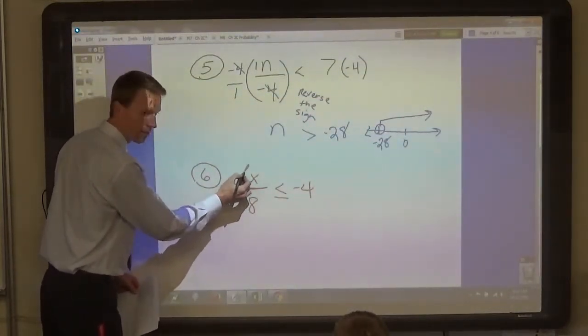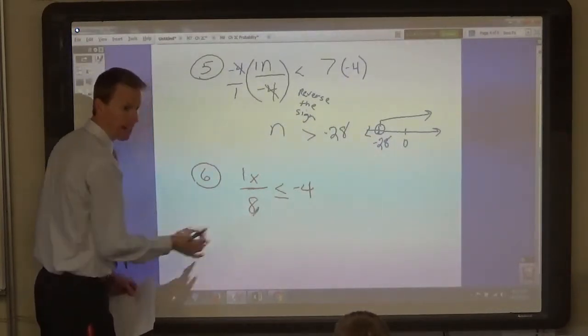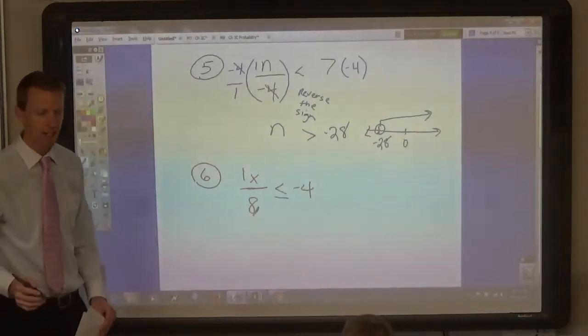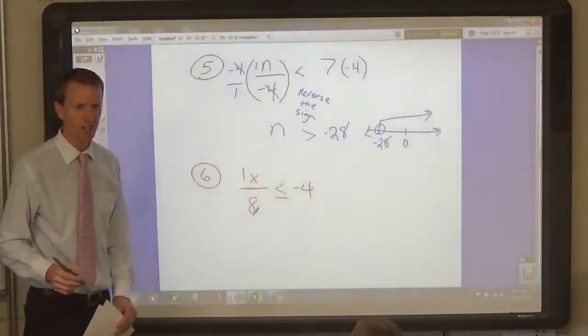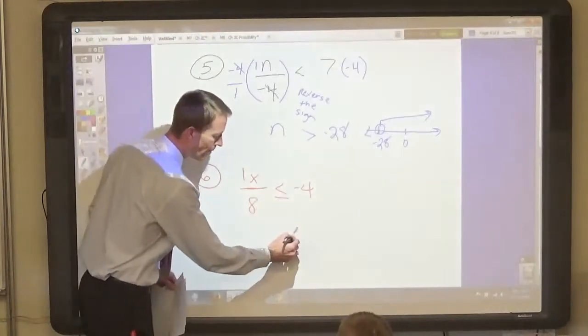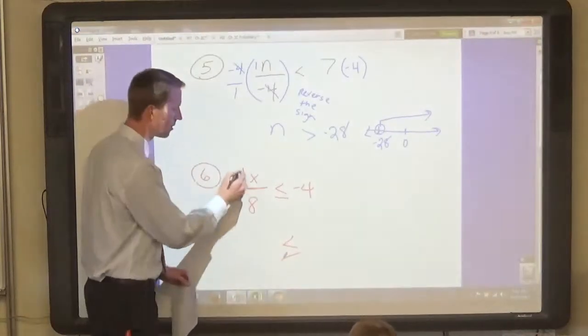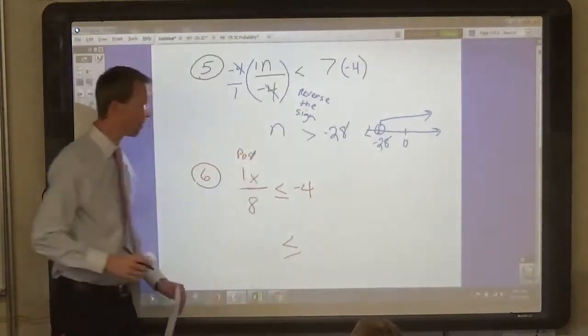No, what's up here? 1. So it's 1/8. Is it positive or negative? Positive. Do we have to reverse the sign? Good. We do not have to reverse the sign. This is positive 1/8.